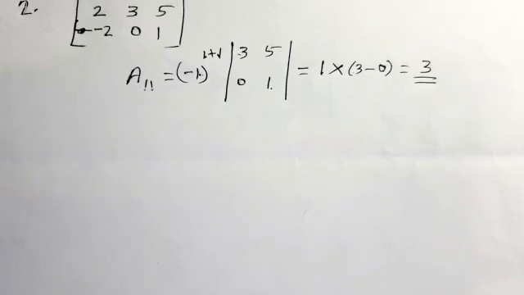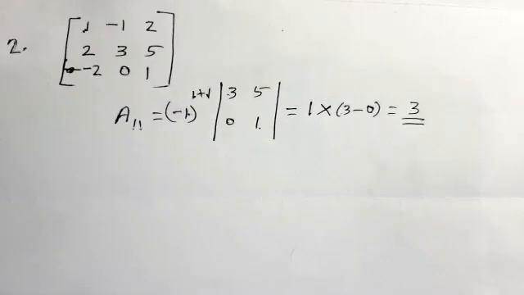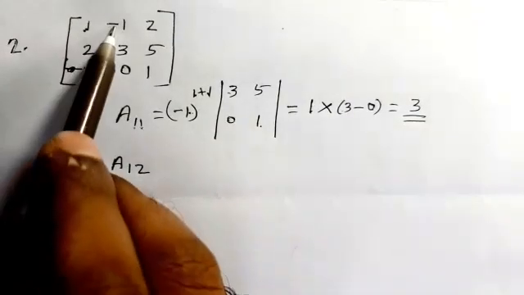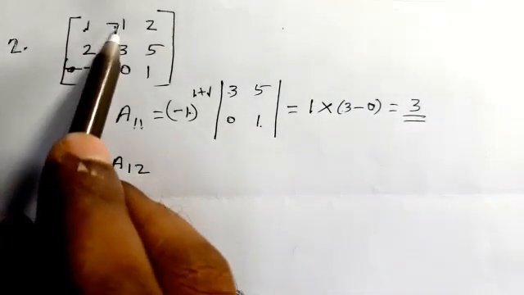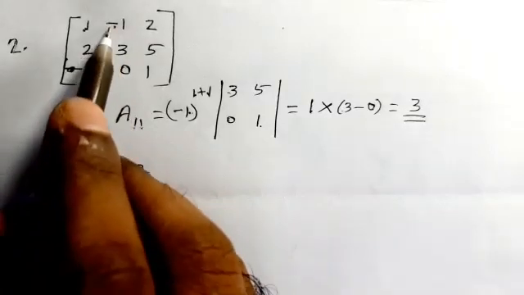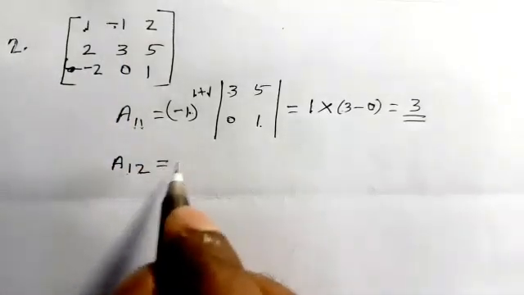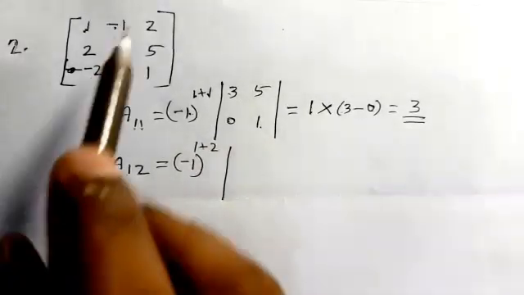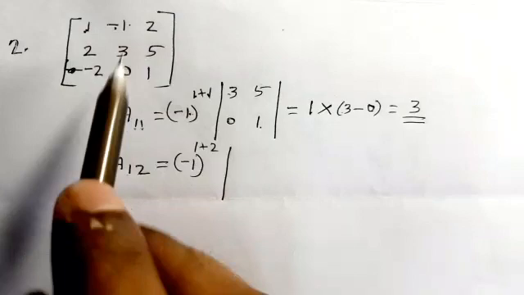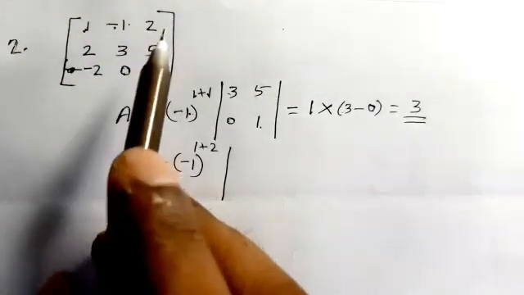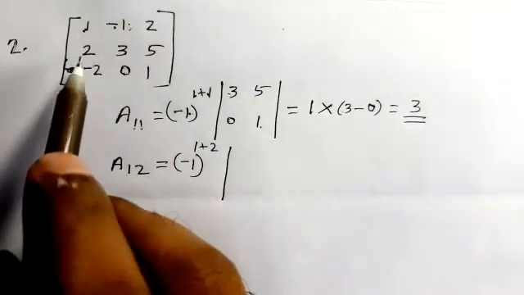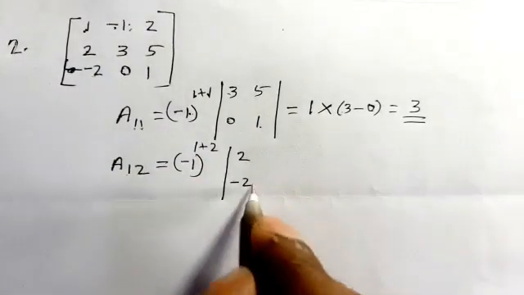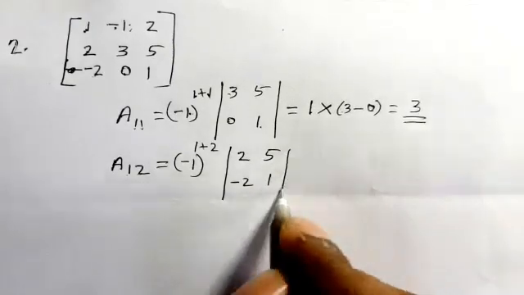Now we can go to find the second element. The second element is denoted by A12, first row, second column, this element. This position is 1 2, so we have to write minus 1 raised to 1 plus 2. Then this column and this row can be avoided because they include minus 1. Other than this, 2, minus 2, 5, 1 is there. Now we can find the solution.